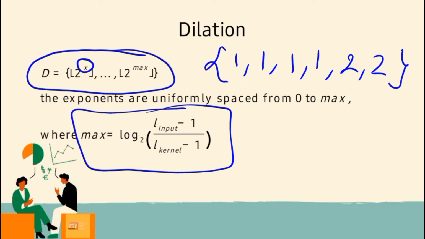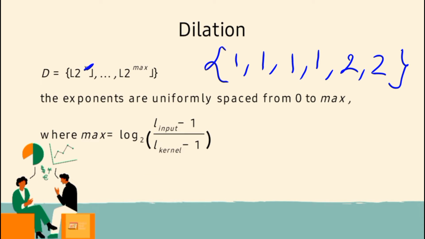So it's a logarithm with base 2. L input is the length of the input, and L kernel is the length of the kernel, which is 9. So the denominator here would always be 8. Okay, so I'll change this to 0. So let's say that this is our t for now, the set t.